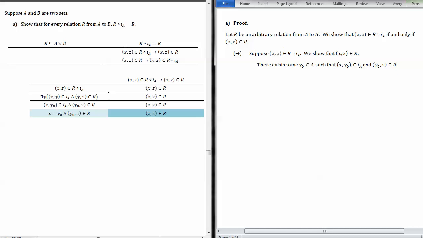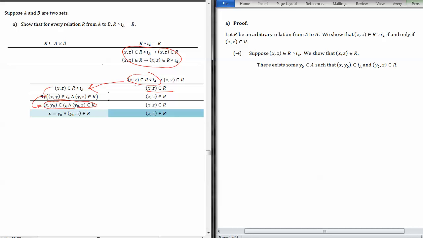R is an arbitrary relation from A to B. We're doing the forward direction, and then we do direct proof, so this comes over here. So we're supposing that, and we're going to show that x, z is in R. Okay, so then the first thing we did here was there exists some y naught in A. Unwinding the definition of composition, we get here and then right here. So we have such a y naught satisfying those two things.